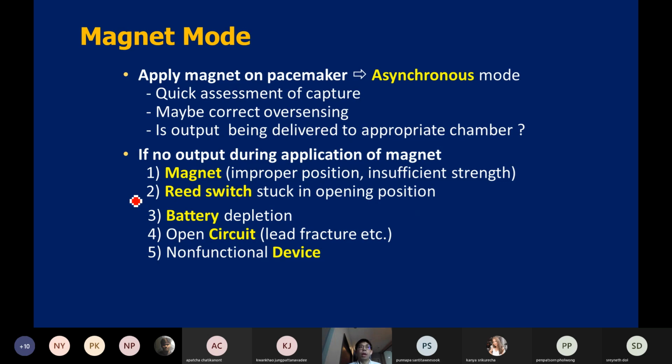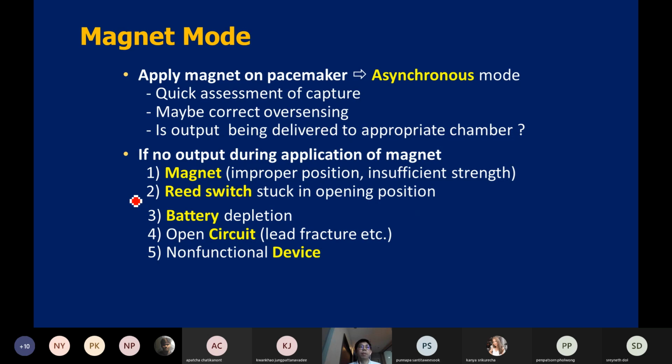So there would be a pace spike in both atrium and ventricle leads, and that would give you an opportunity to assess if the A pace is followed by a P wave or not, and the V pace spike is followed by the QRS or not.